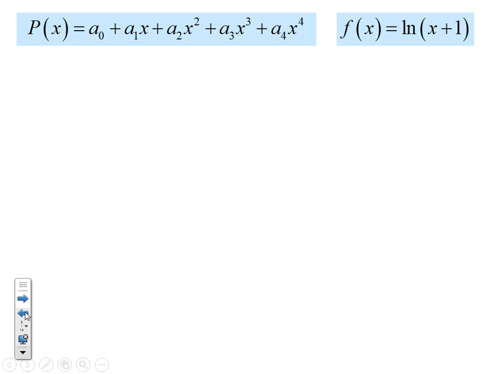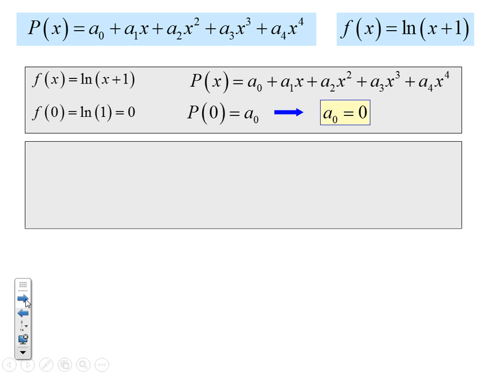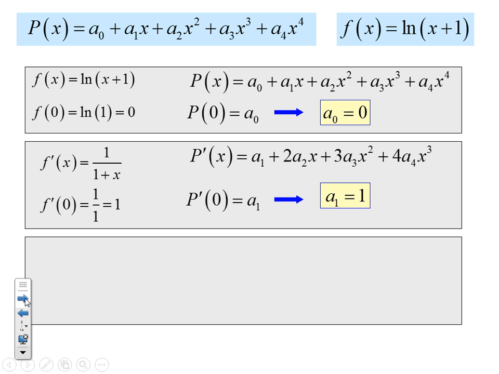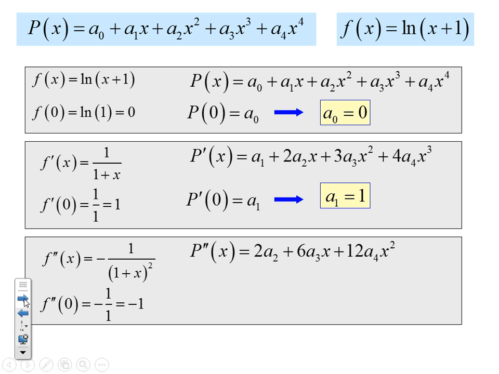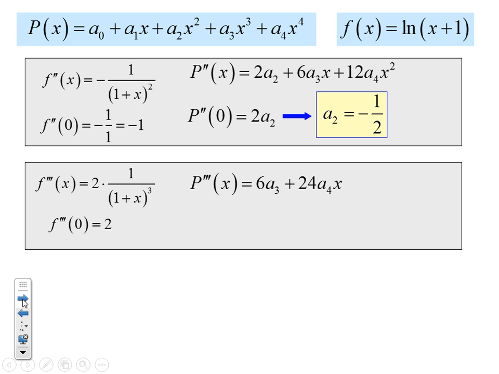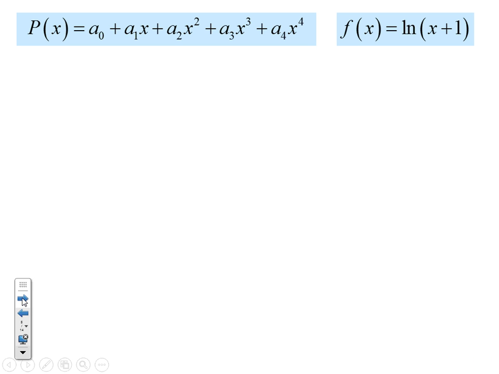Oh, just N squared plus 0. 1. -1. 2. -6. Okay.